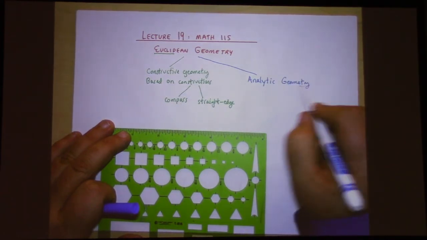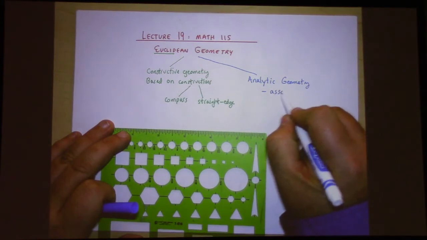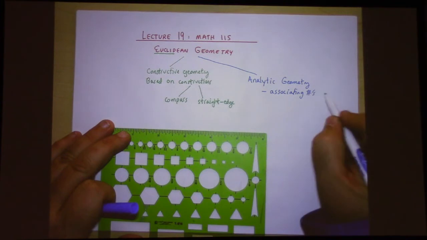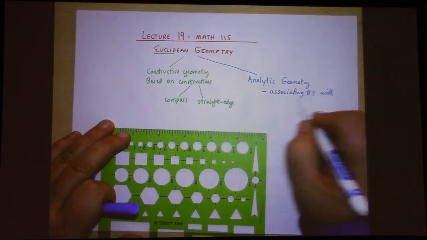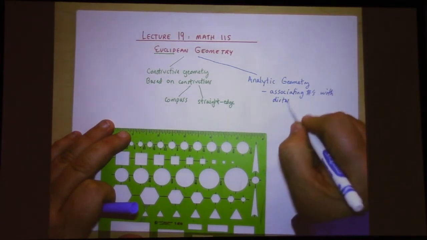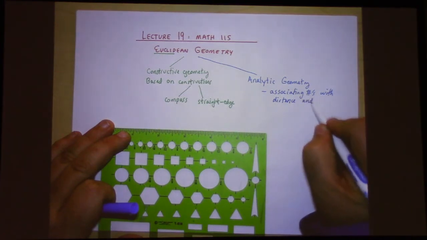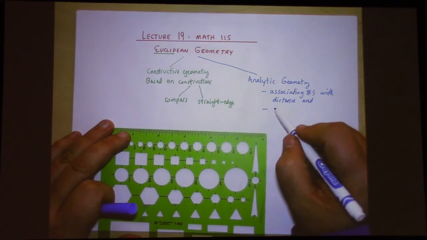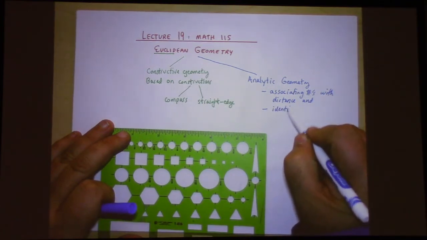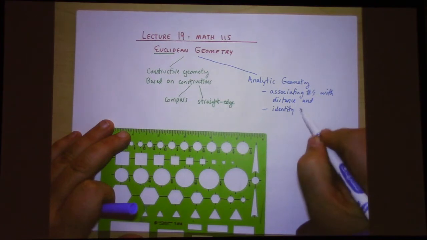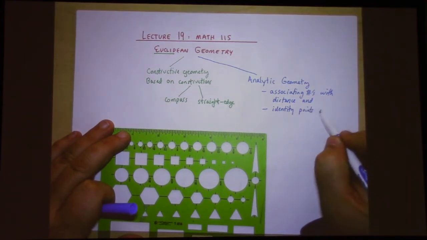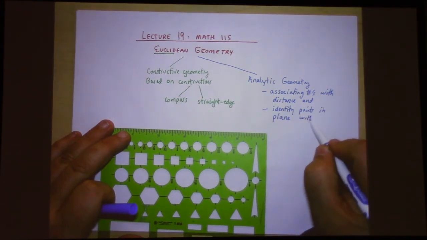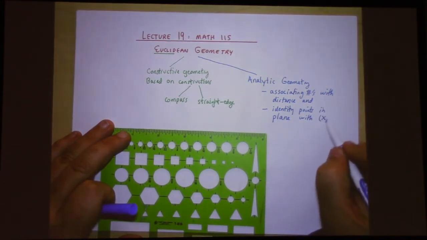So this basically is associating numbers with distance and ultimately, you know, we identify points in the plane with pairs of numbers like x comma y.